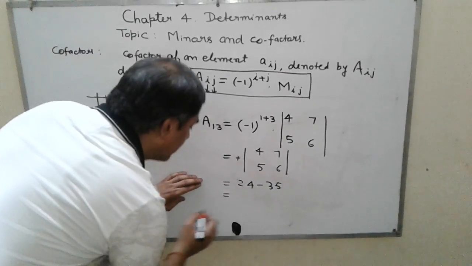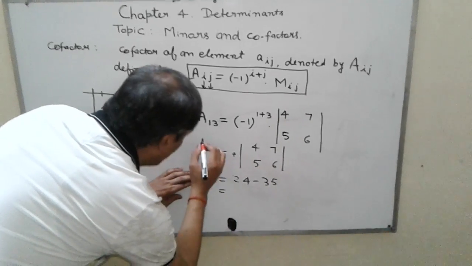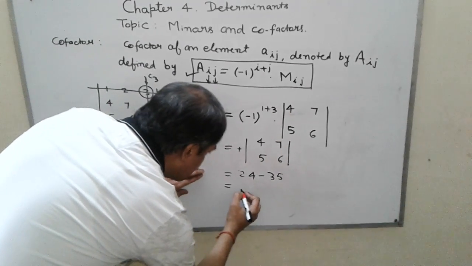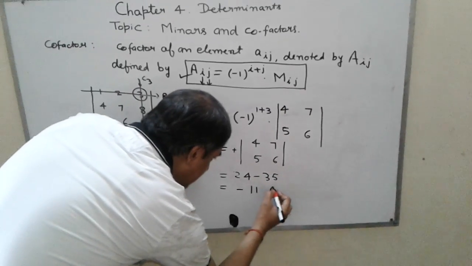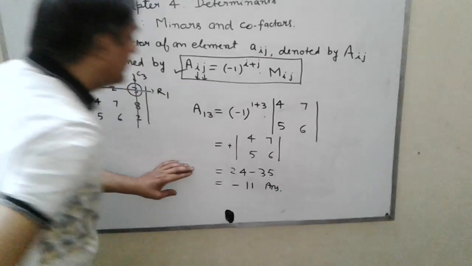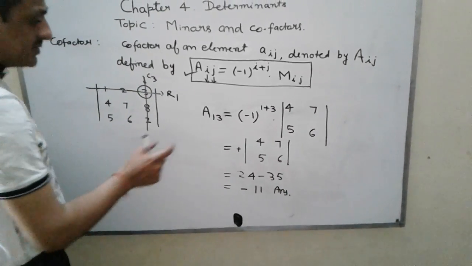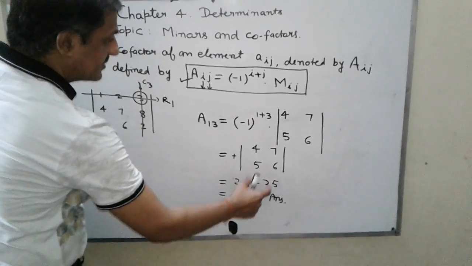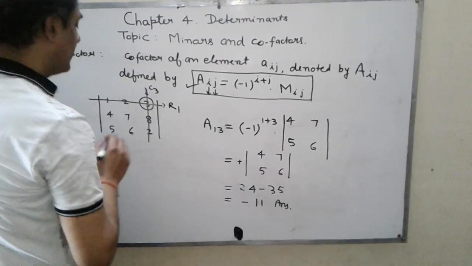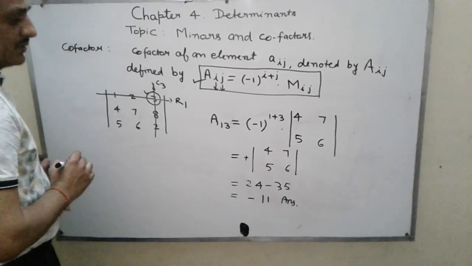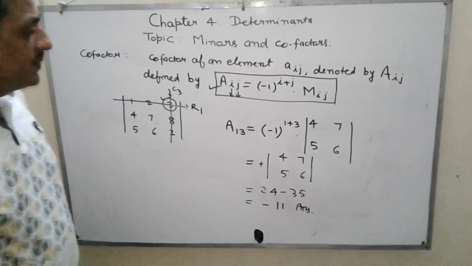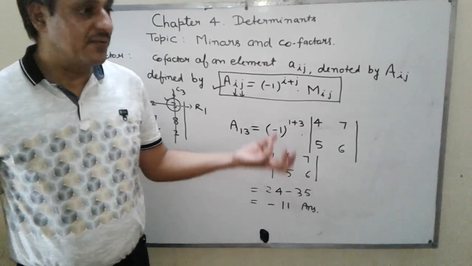The value of A13 is minus 11. This is the cofactor of element 3. So children, I hope you have understood this topic very clearly.